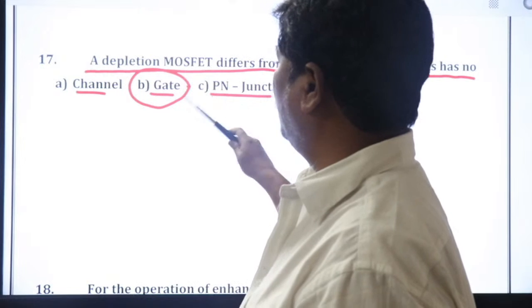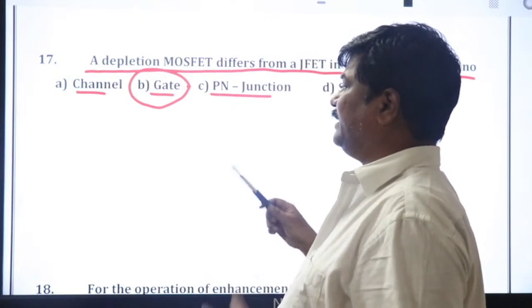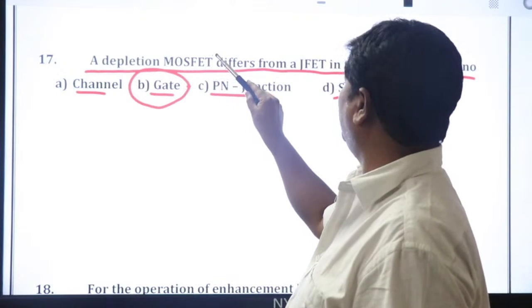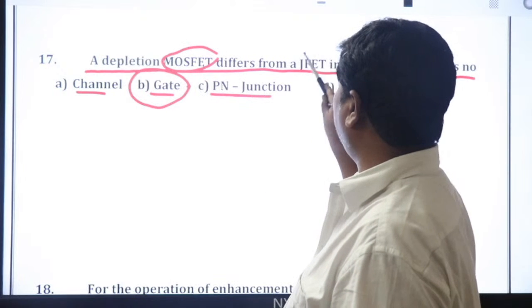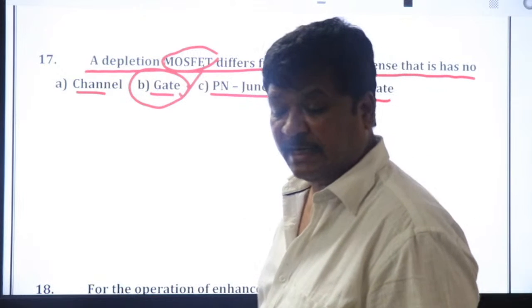Remaining, the PN junction will be there in JFET and MOSFET. Substrate is there, channel is there. But depletion MOSFET means it is a MOSFET, it is not the JFET. The reason is the insulated gate.